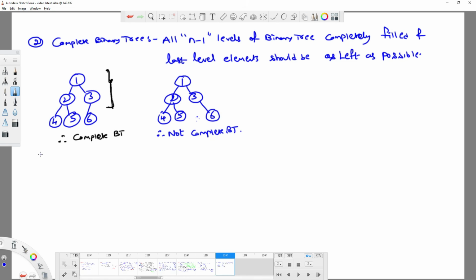Okay, fine. Next type of binary tree, perfect binary tree. Perfect binary means it has to follow the formula 2 power h plus 1 minus 1.